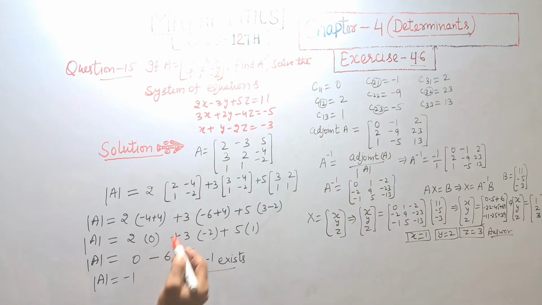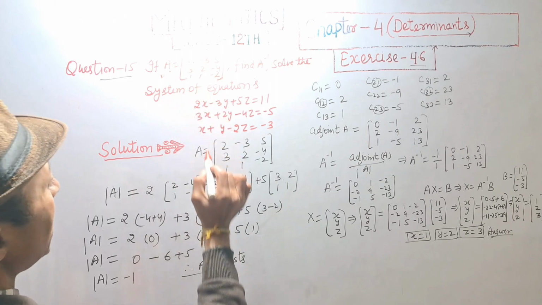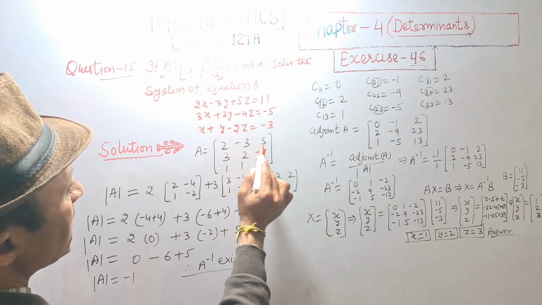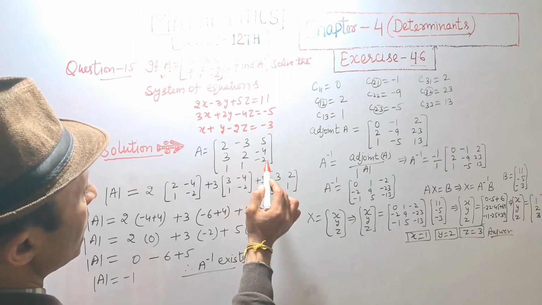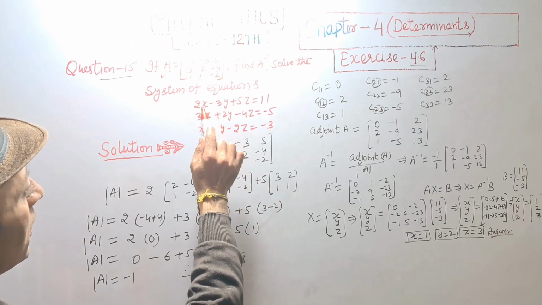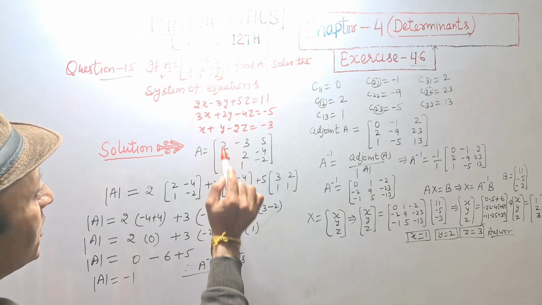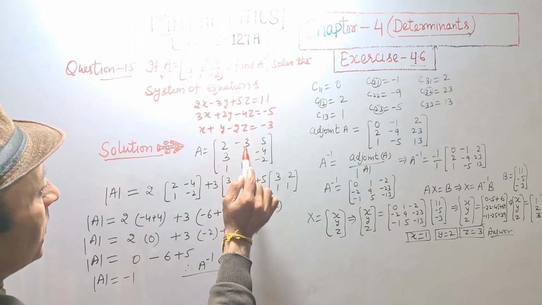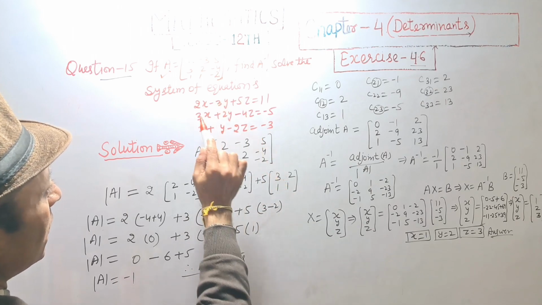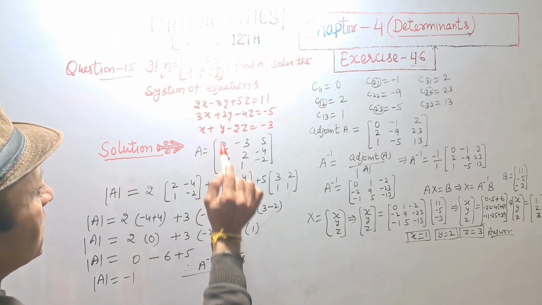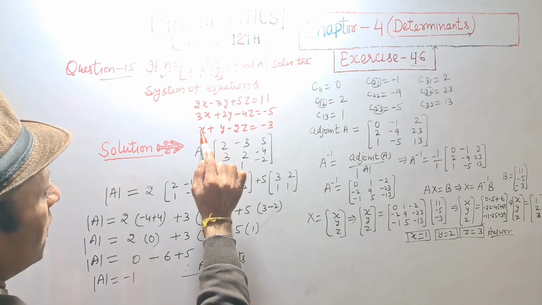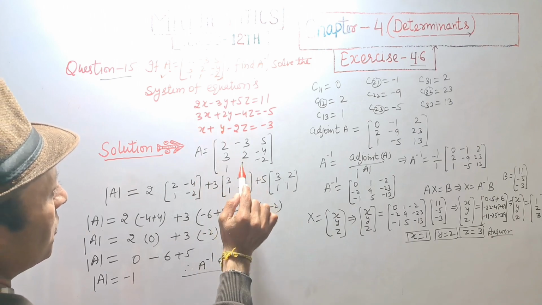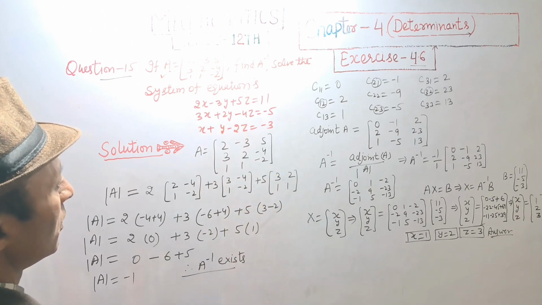Answer. We have given A: 2 minus 3 5, 3 2 minus 4, 1 1 minus 2. That is, the elements are x is 2, y is -3, z is 5; x is 3, y is 2 and z is -4; x is 1, y is 1, z is -2.